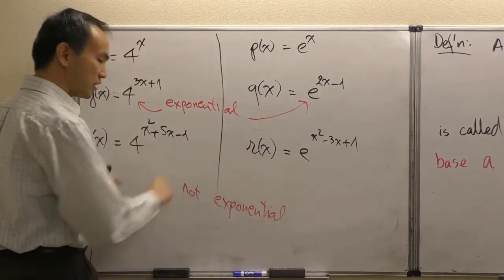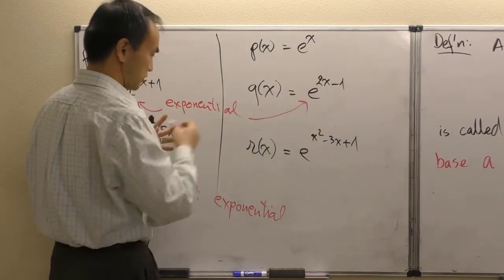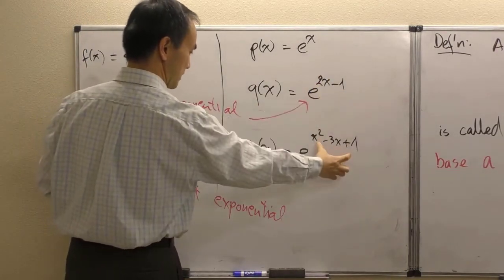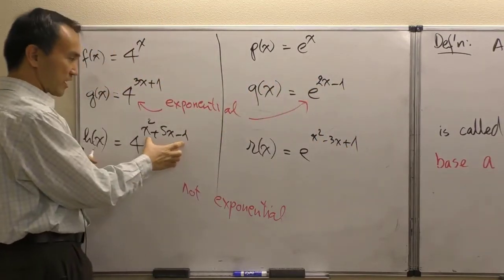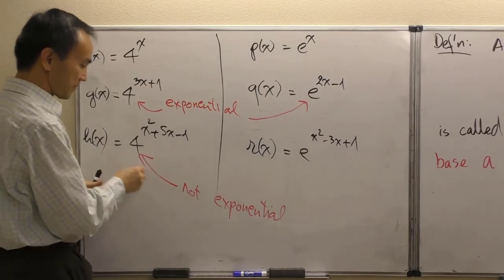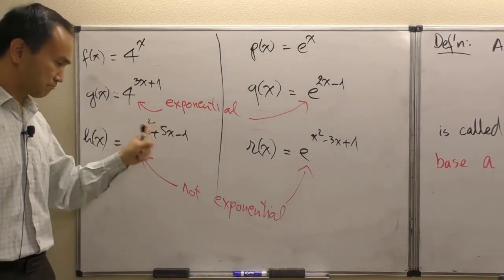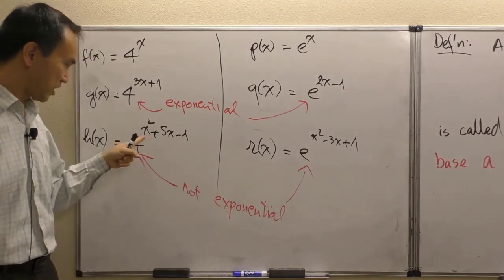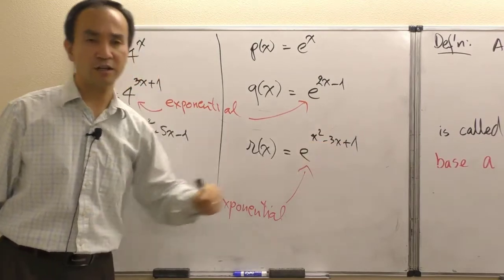Okay, these two are not exponential, even though they look almost the same as these, except the expression here is quadratic, whereas here it's linear. So these two are not exponential, just because the expression in the exponent part right here is quadratic.